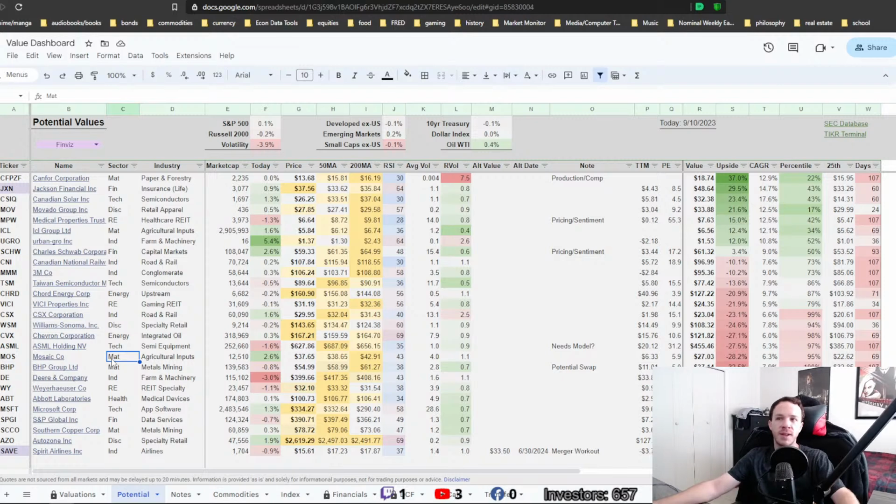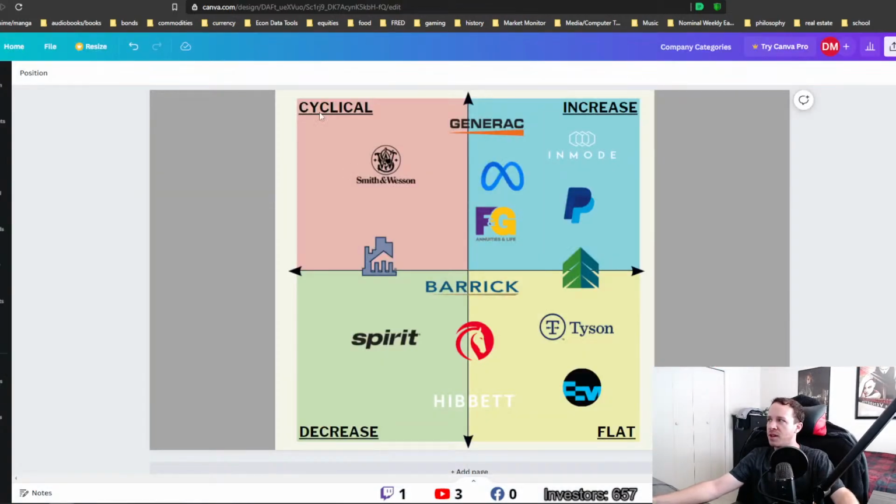Very quiet day today, but luckily I had a lot of interesting stuff to talk about surrounding changes in strategy and focus around my portfolio. As I said, we're trying to think about our companies now in buckets: increasing, cyclical, flat, and decreasing. As I mentioned before, this is about the volumes of the products and services being sold, not about the actual revenues themselves or the earnings.